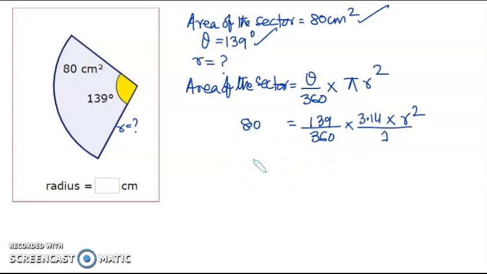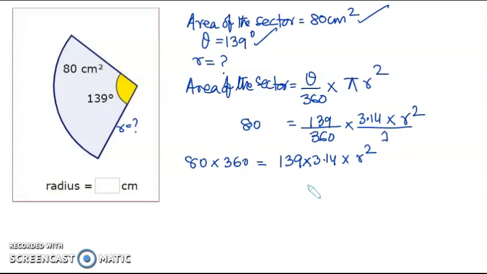Now using the cross multiplication method, again multiply 80 times 360, which is equal to 139 times 3.14 times r square.